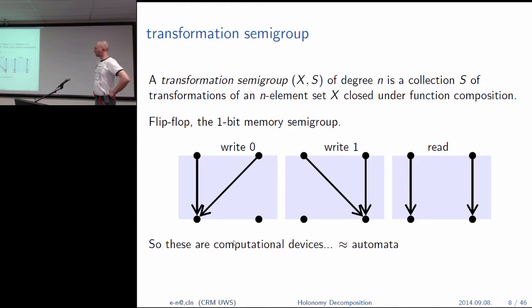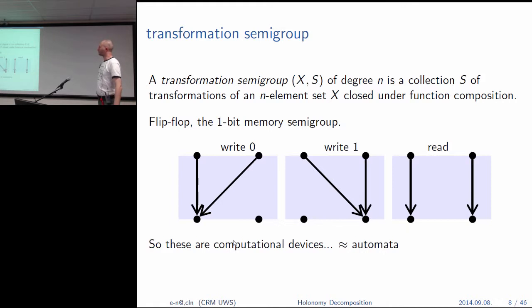We have the write 0. So no matter which state you were in, you go to 0. There is a slight notation problem, because when we talk about bits, we talk about zeros and ones, and when we talk about states, we start with 1, 2. But that's just a minor issue.